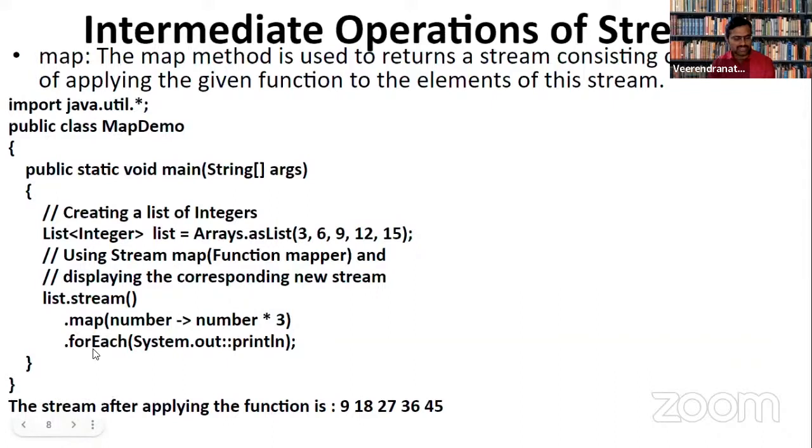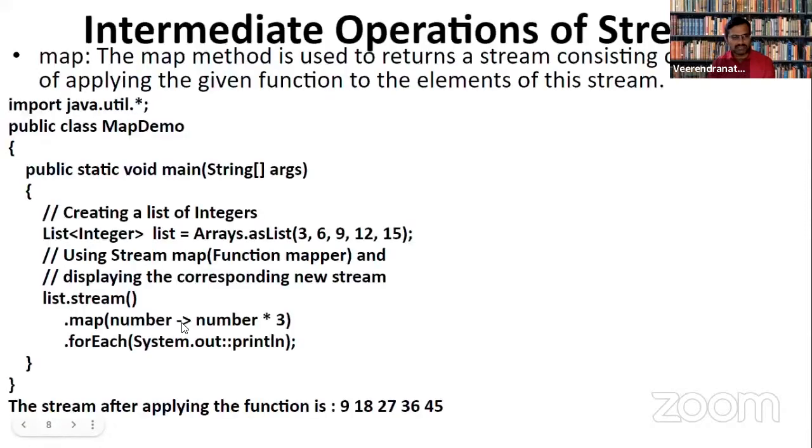That is where you use forEach, which is a terminal operation. So what exactly is a map? Map will map a functionality to each and every value of the stream.